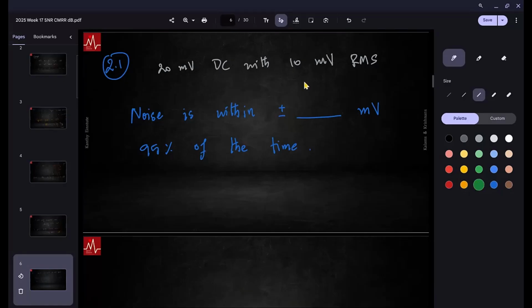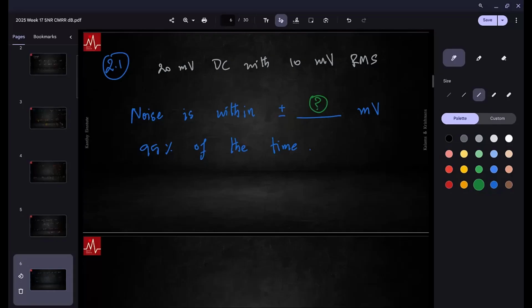Fill up this dash. RMS is still millivolts, that is root mean square. It is deviation around 0, which is 10 millivolts root mean square value. What we want is that 95% of the time the deviation is going to be within this.